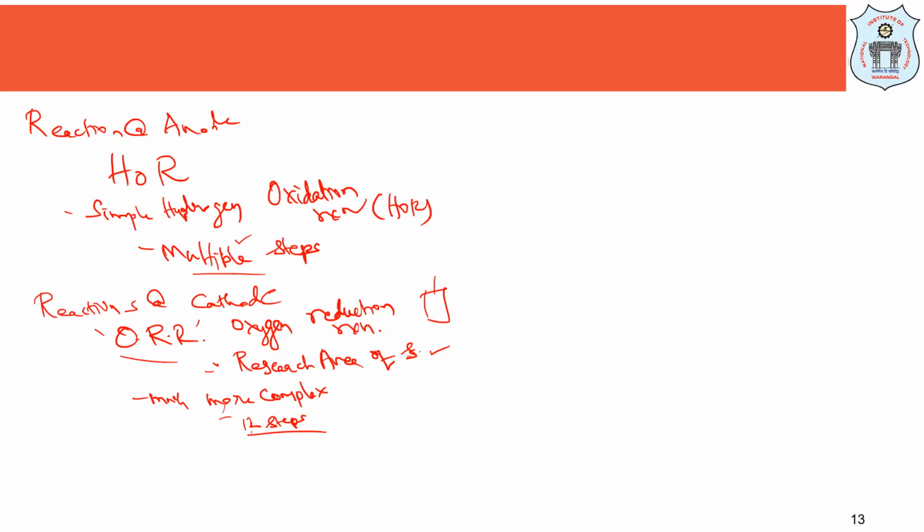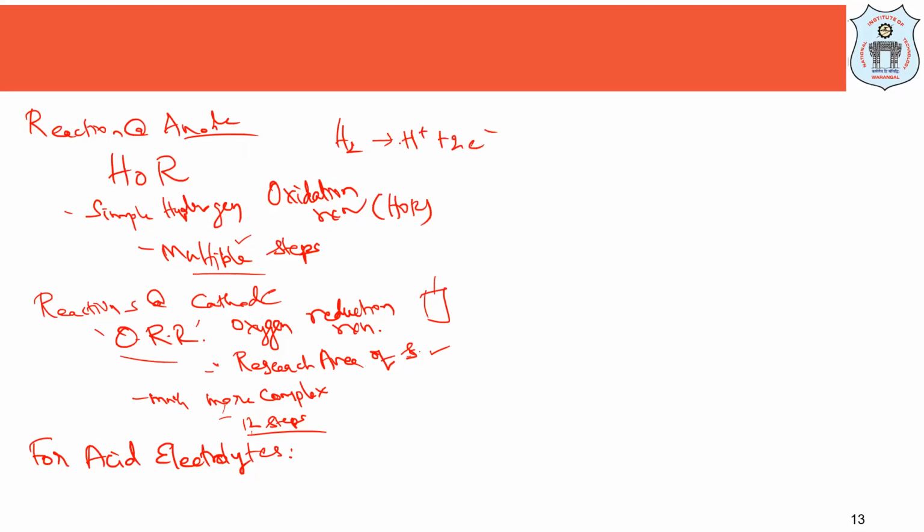If you consider acid electrolytes, like in phosphoric acid fuel cells, H plus ions will be transferring from the anode side to the cathode side. We know that the reaction taking place is H2 giving 2 H plus and 2 electrons.